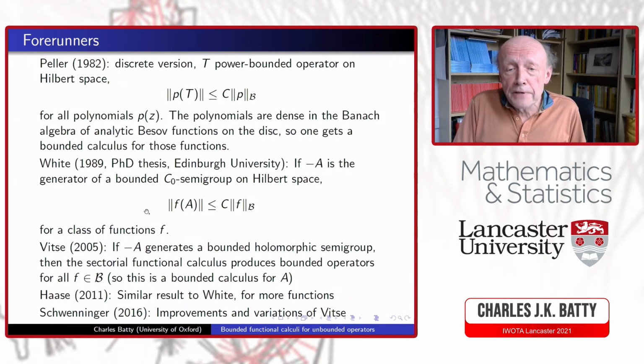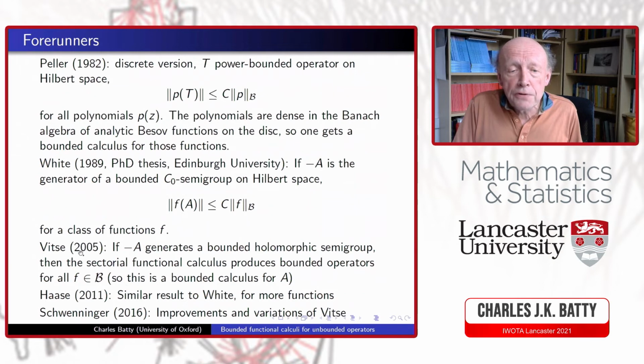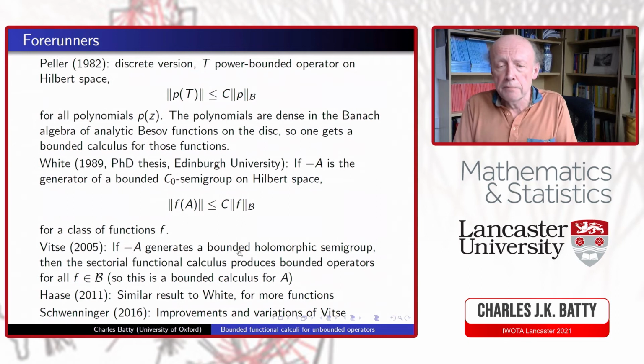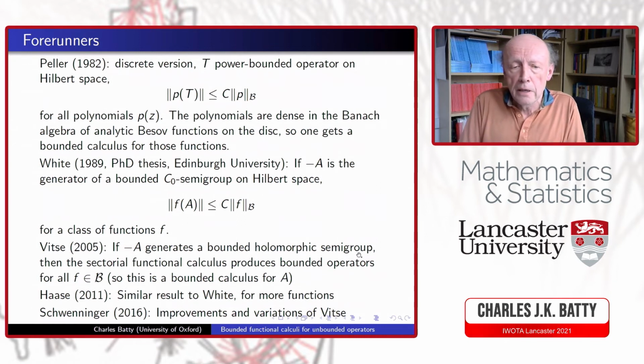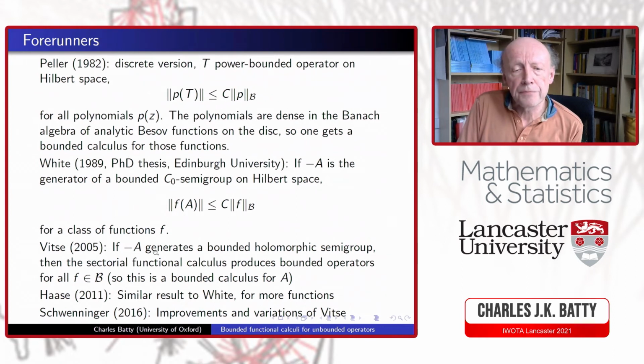An estimate of this form was established by White in 1989. In 2005, Vitse looked at the case where minus A generates a bounded holomorphic semigroup. So that's a sectorial operator of angle less than pi over 2.